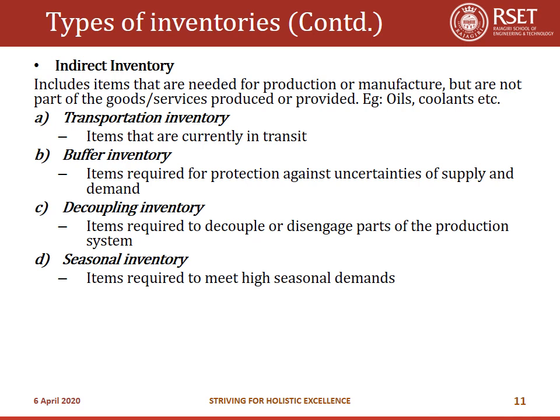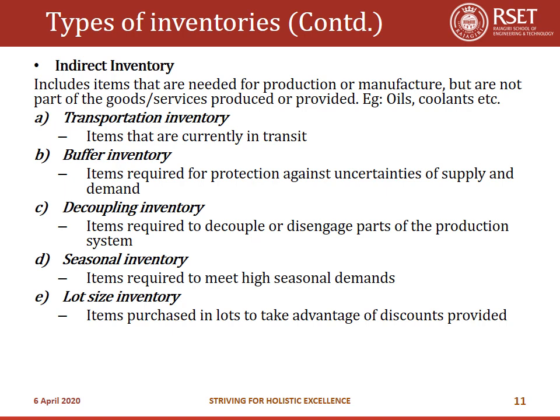If it's a festival season, there will be a certain item that will be more in demand, and so you have to procure these items keeping in mind the high seasonal demands. Especially in a country like India, there are festivals around the clock. There are festivals every month in different parts of the country, and at different times, for example, if it's Diwali season, firecrackers will be in high demand. So you need to procure things keeping in mind the seasonal high demands.